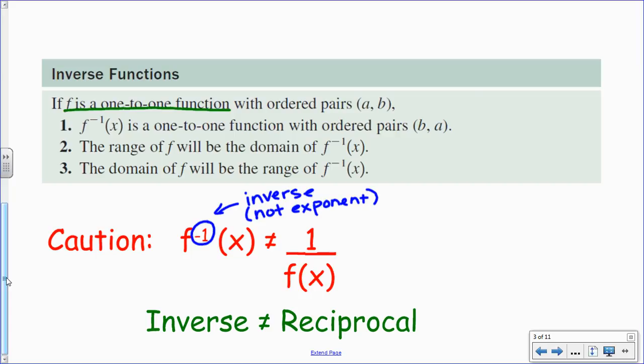So what we mean about reciprocal is that if you do 3 to the negative 1 power, that's 1 over 3. This negative 1 is an exponent. But this negative 1 is an inverse when it's in function notation between your f and your x. That means inverse.